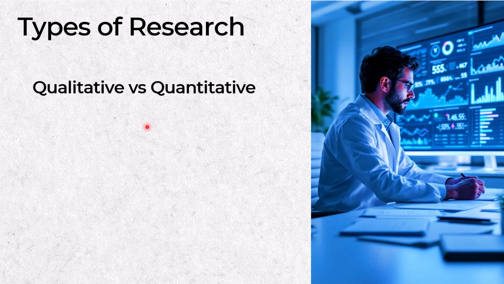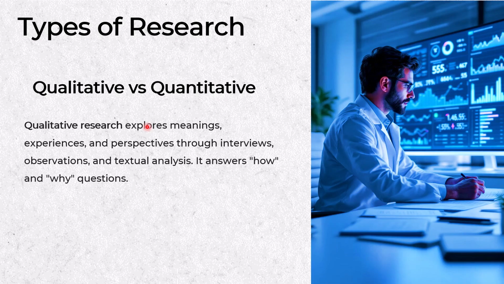Other types of research, we have qualitative and quantitative. Yes, it is true that those are also research approaches, but they're also included in research styles. We know already that in qualitative research, we explore the meaning, experiences, and perspectives through interview, observation, and textual analysis.